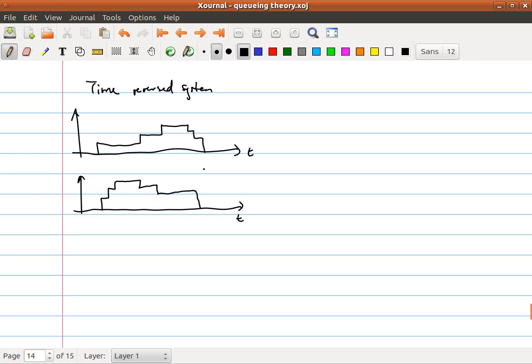So what then? Let's consider, for this time-reversed original system, that we can draw the state diagram of the original system. So we have a couple of states, from state 0 to 1, and 1 to 2, and so on, and then going backward.